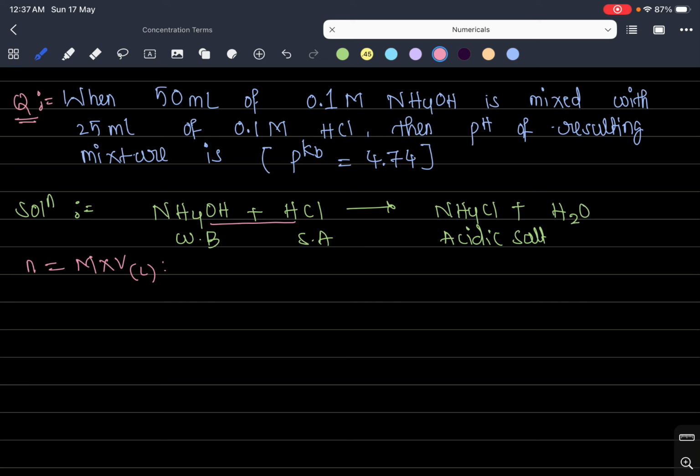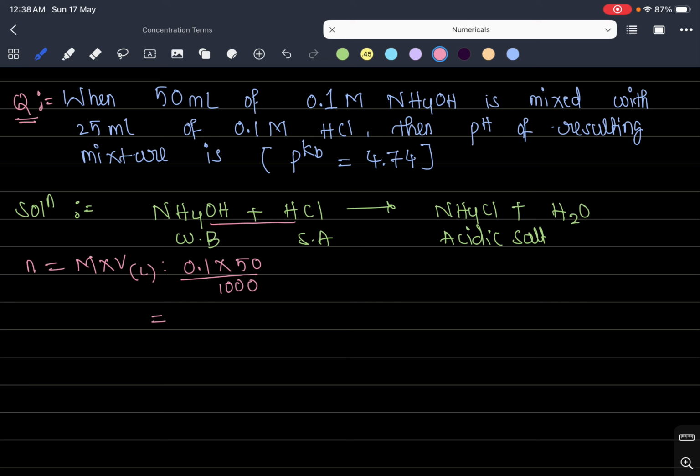So we just apply the same thing. Number of moles with respect to the base: the molarity is given as 0.1, into the volume, which is 50 ml, so 50 divided by 1000.